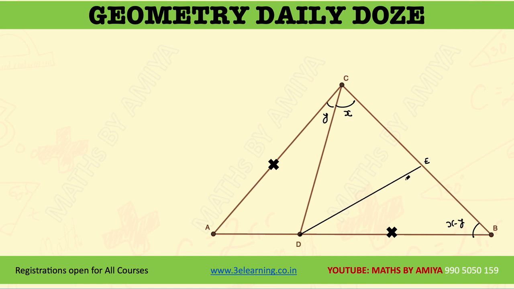This one is a two-sides-equal condition, so create an isosceles triangle. If this angle is X, we know this angle must also be X because these two lines are the same, and base angles are the same. If this one is X, then this one is X minus Y. So this angle is nothing but Y, because the sum of remote angles is the exterior angle.